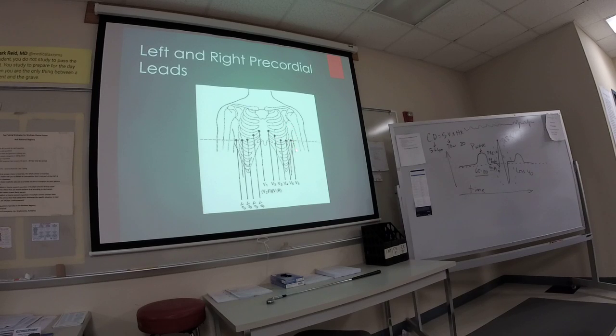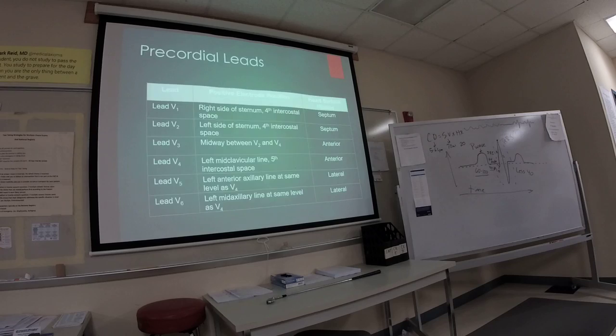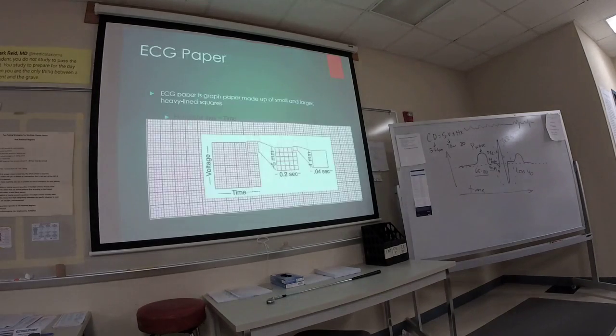Then I'll come over here and put V6 mid-axillary. Then I'll put V5 in between V4 and V6. Does that make sense? We'll work on that. But this is definitely a memorization thing, this chart here on where the leads go. Alright, everybody good for right now?